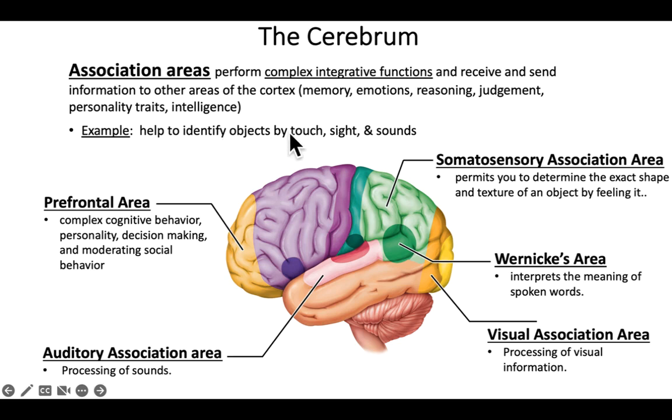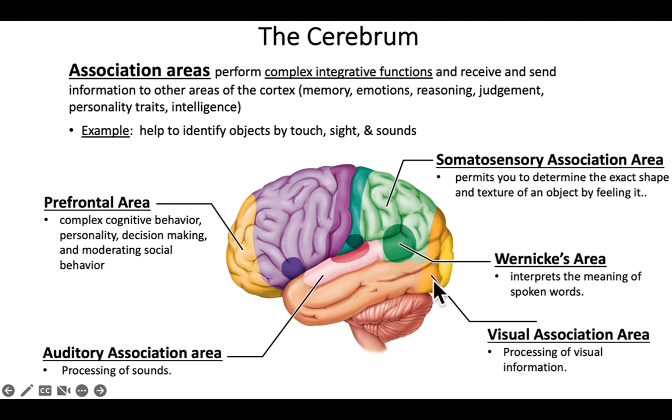So let's say you pick up a remote control to your TV, or you pick up your cell phone, and you can touch it and feel it. Perceiving that it's in your hands is right here, the sensory area. But to interpret that, we need this somatosensory association area. Same thing with sight. Notice this yellow was the primary visual. That just allows you to perceive your vision.